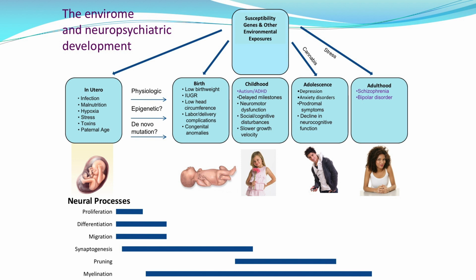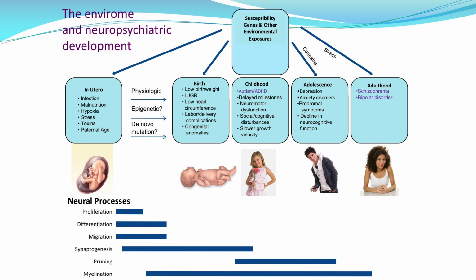At the time of birth, we see things like low birth weight, intrauterine growth retardation, and other findings like labor and delivery complications. And the idea is that these are then later risk factors for disorders that emerge later in the life course.